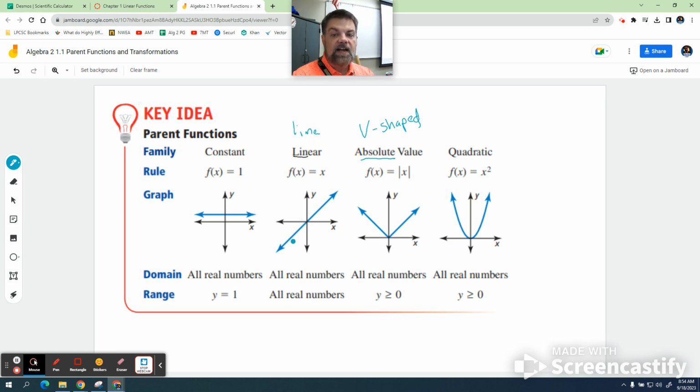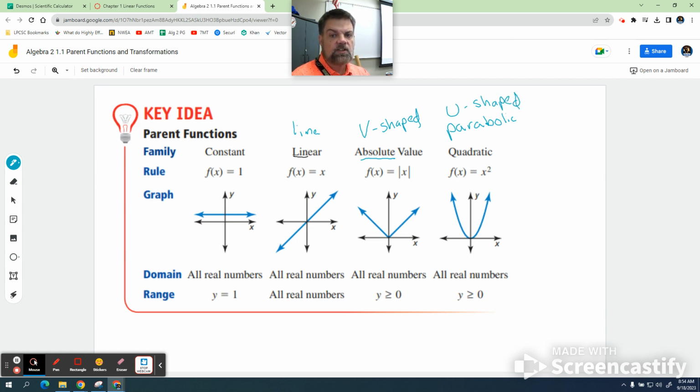And then quadratics, it's a curve, but does anybody remember what those are called? It's parabolic or parabola, but it's just U-shaped. So there's a fancy word called parabolic, but you could think of it as being U-shaped.